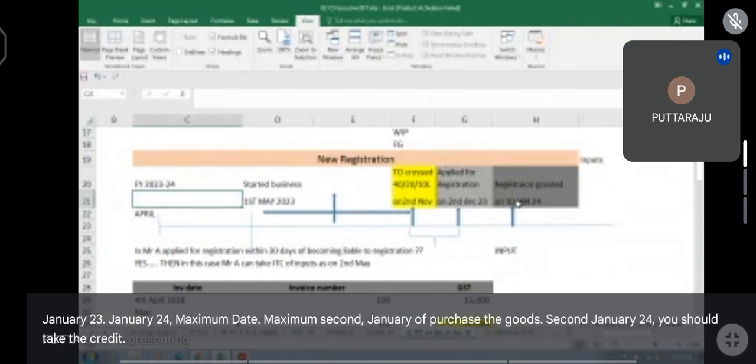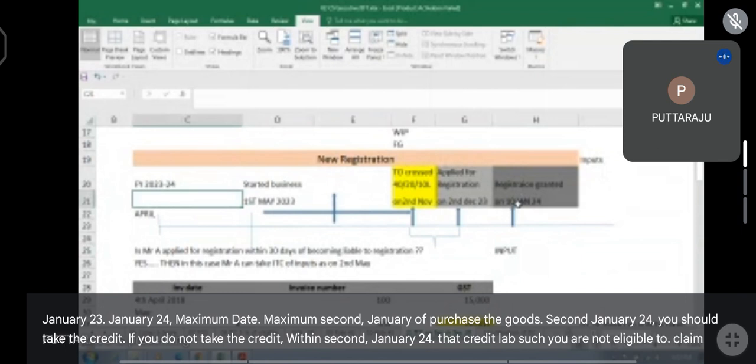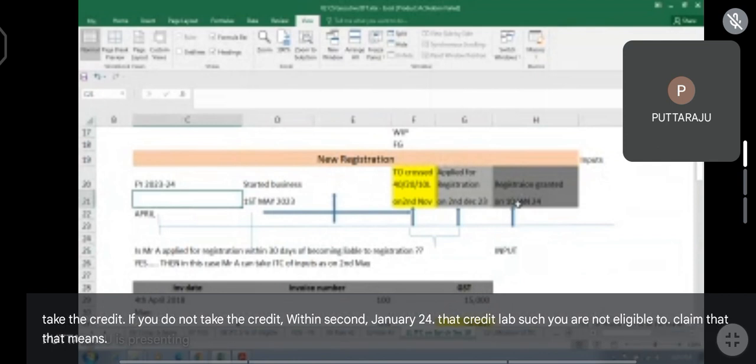If you do not take the credit within 2nd January 24, that credit lapses. You are not eligible to claim that. That means previous 1 year, whatever the goods you have purchased, for that you can take the credit.